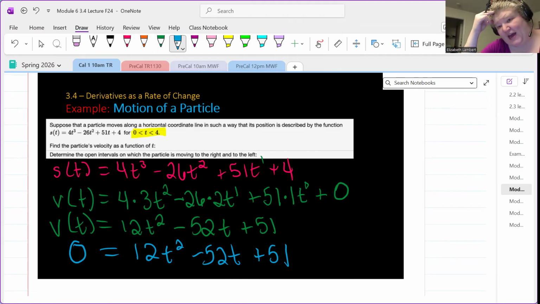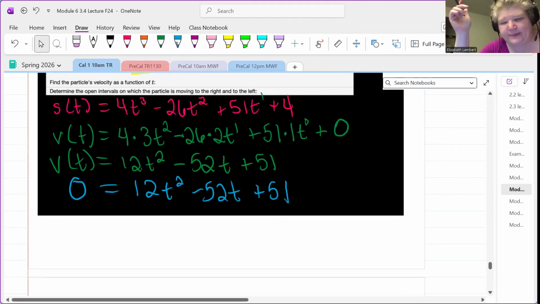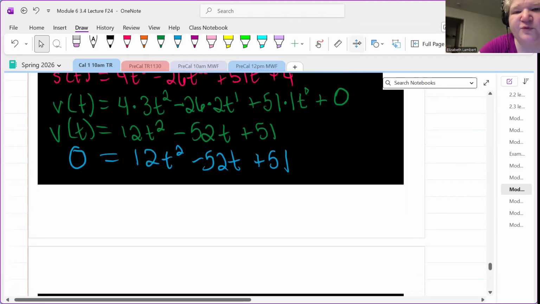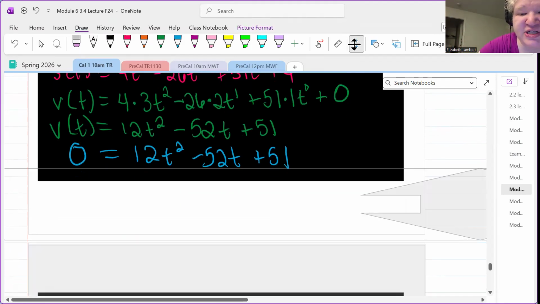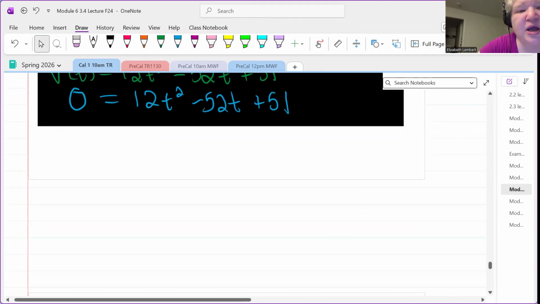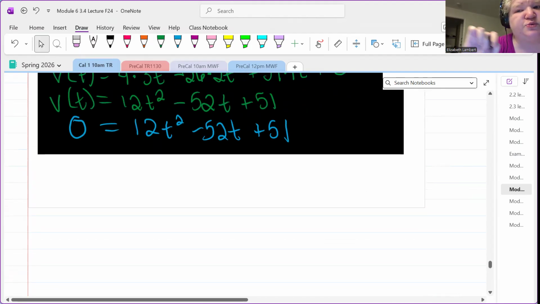Now that might factor, but I really don't want to play around with the pairs of numbers that 12 times 51 is going to be to try to see if 52 is in there when odds are actually kind of high it won't factor. Now on the test, these numbers are a little too big and ugly. So if we put one like this on the test, I would imagine the numbers would be smaller, but I would not necessarily expect them to be pretty.